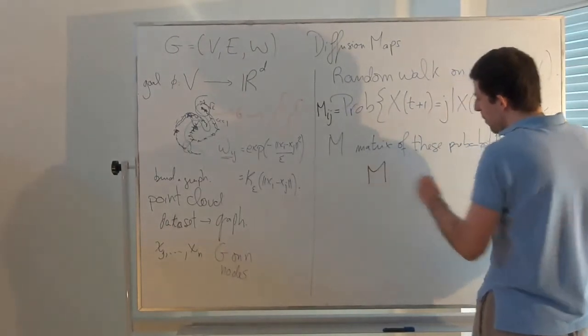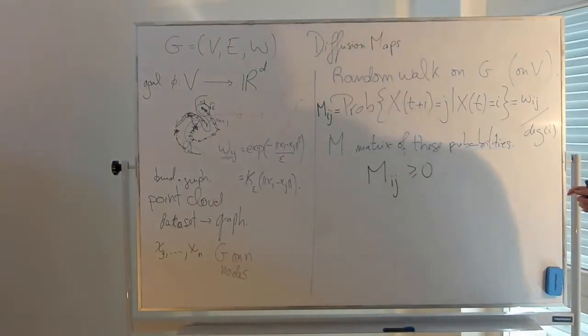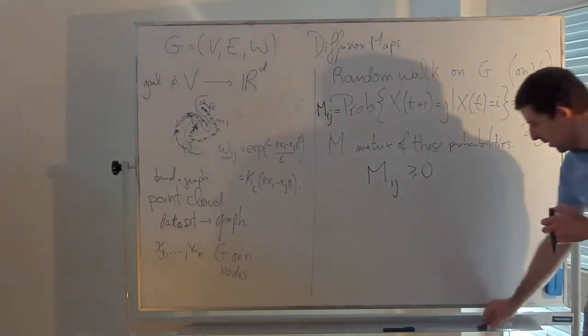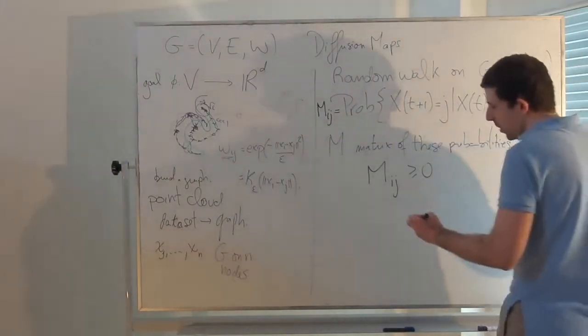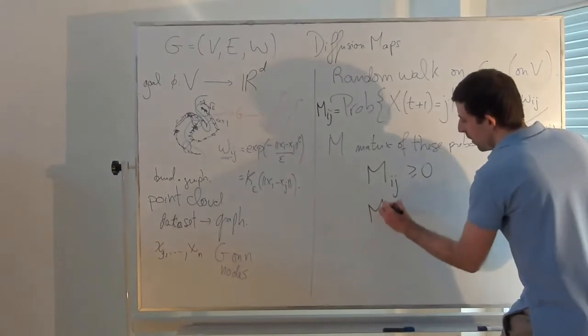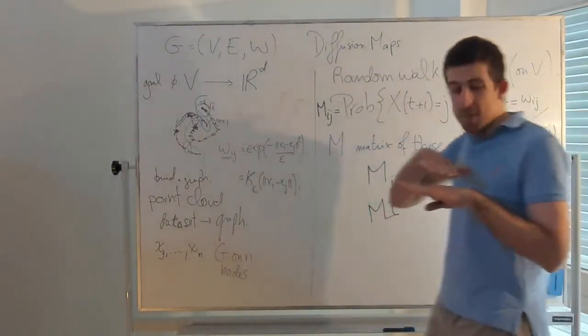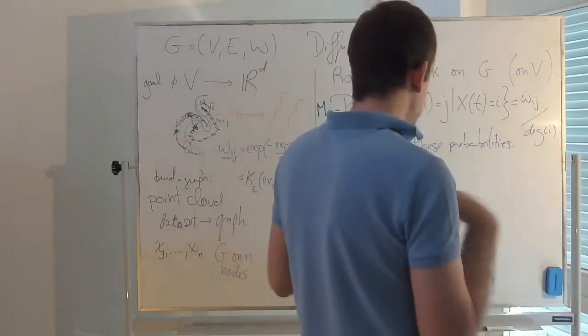So Mij is always bigger or equal than 0. I mean, it's a probability, it's some weight, a non-negative number divided by a positive number. There's no isolated node, let's assume. And Mij is bigger than 0, right? Because it's a matrix of probabilities, the sum over the rows is for sure 1.